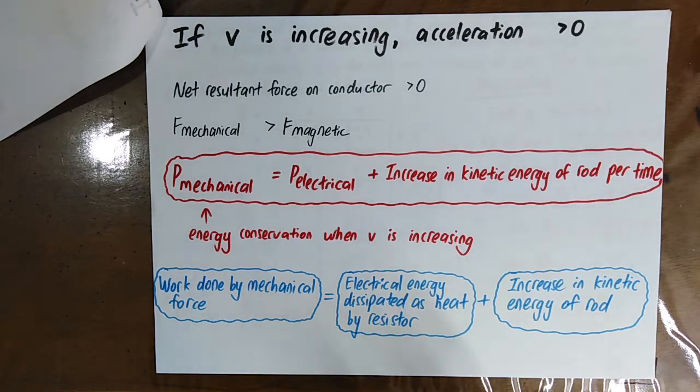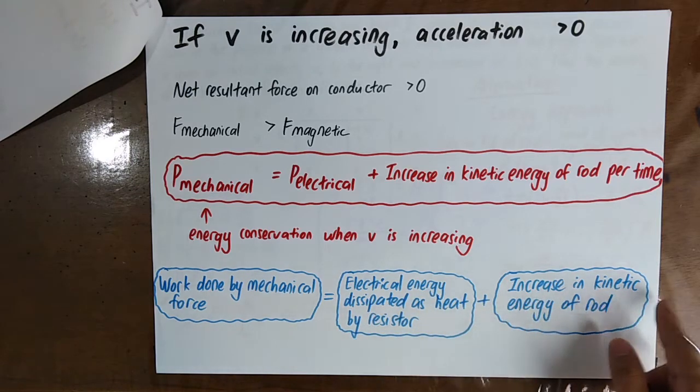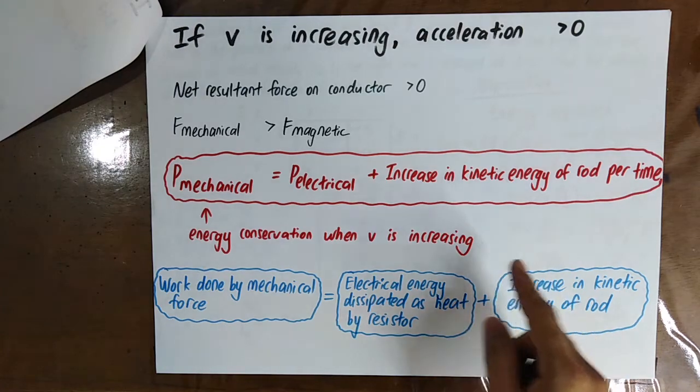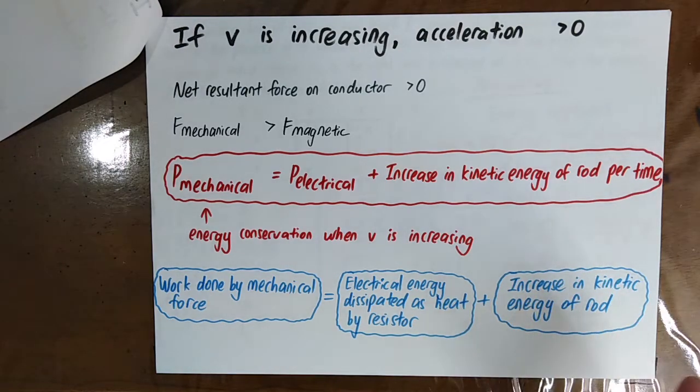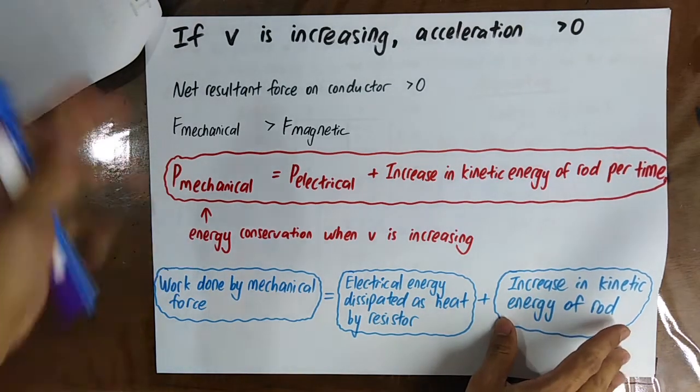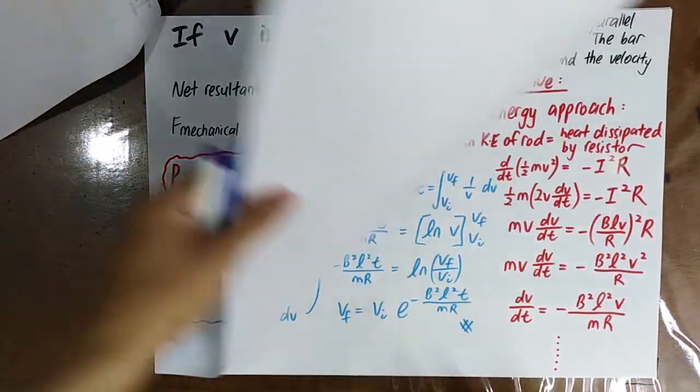In this case, we already neglect the frictional force. If there is really frictional force, then the work done by the mechanical force is equal to the electrical energy dissipated as heat by the resistor plus the increase in kinetic energy of the rod plus the work done against frictional force. So this is the principle of conservation of energy.